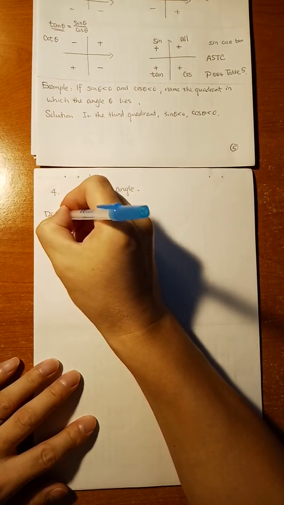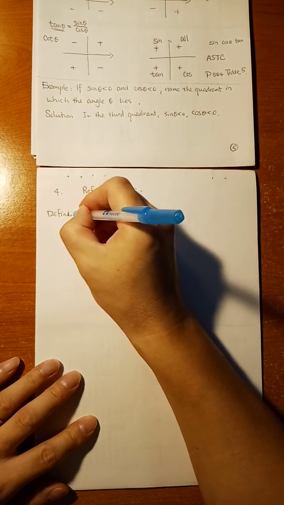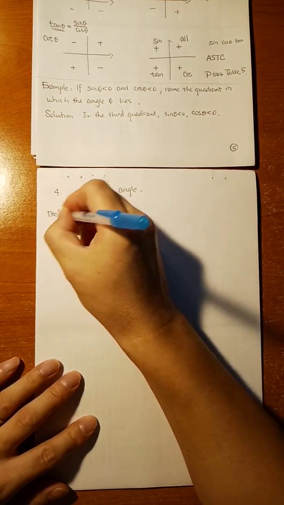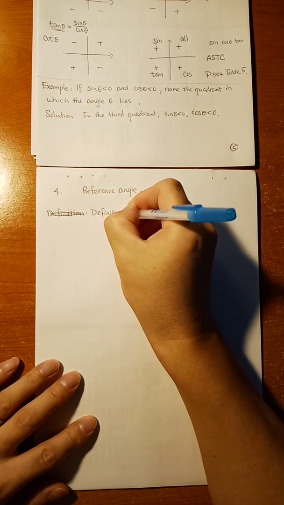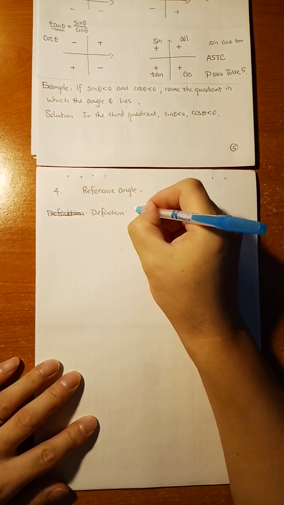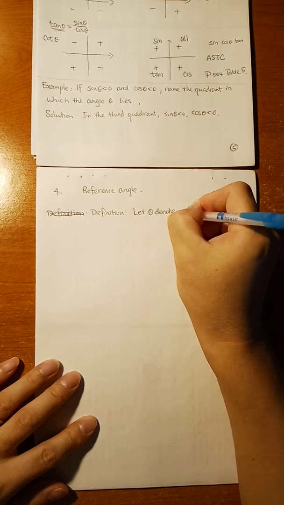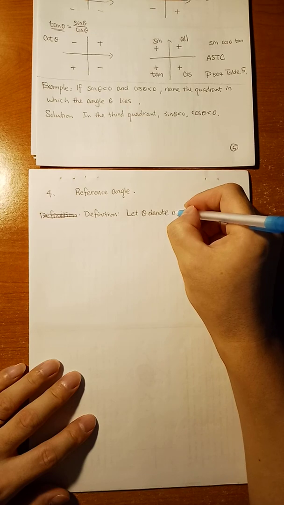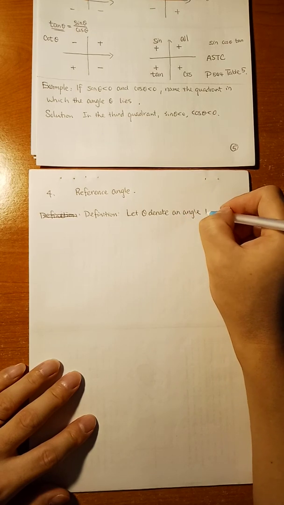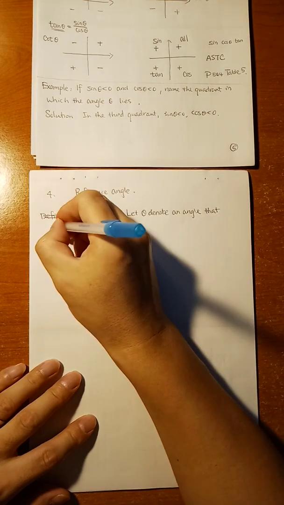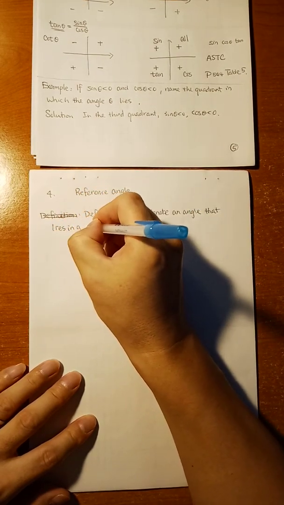Let's see the definition. Let theta denote an angle that lies in a quadrant.